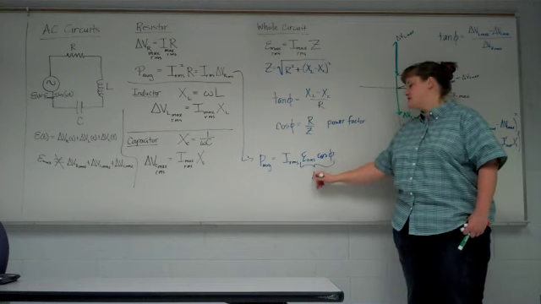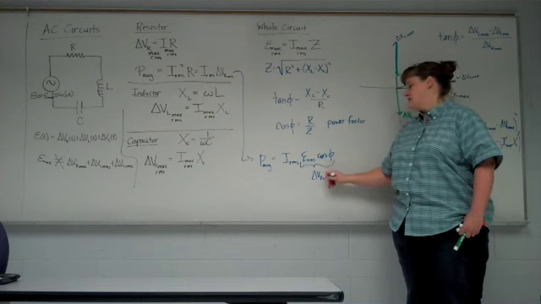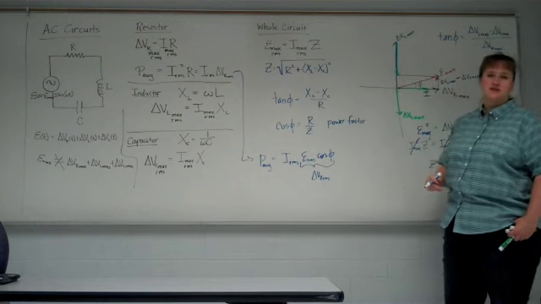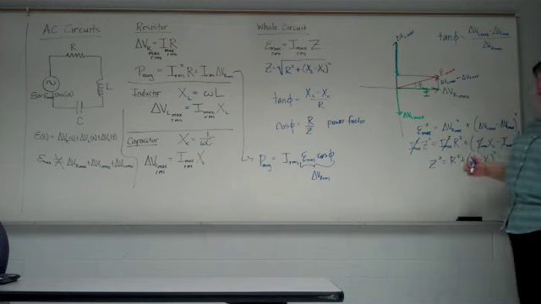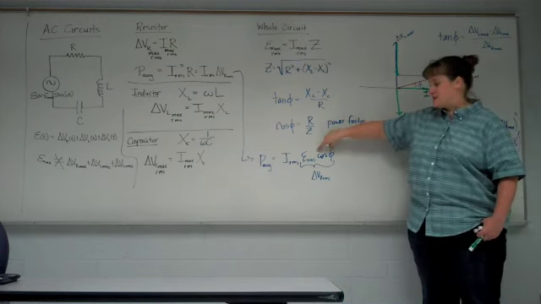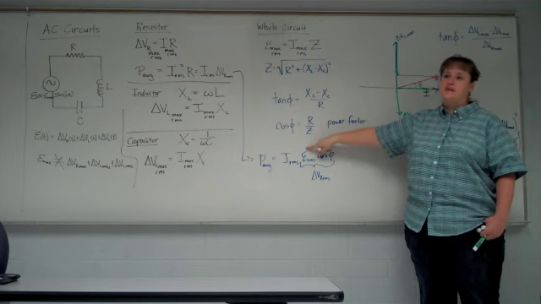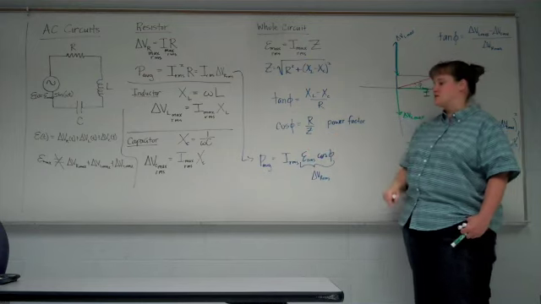That is the RMS value of the voltage across the resistor. Cosine phi is called a power factor because you're only getting a certain percentage of the total maximum power that could possibly be delivered to the circuit.